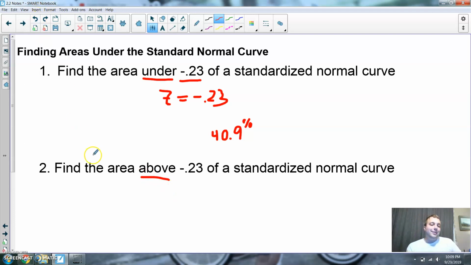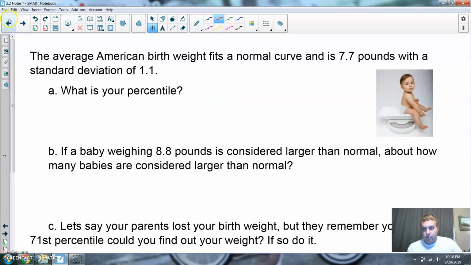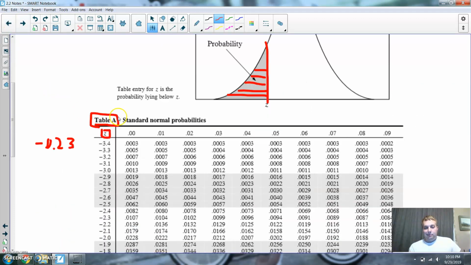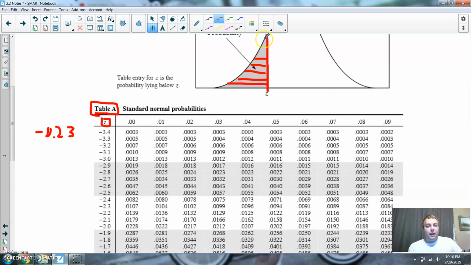So you guys got it, right? You're going to take 1 minus 0.409. You might say, why do you do that? Well, if you haven't gotten this already, if I found the area below, and I want to find the area above, it's going to be the reverse of 1, because everything under a curve is 1.